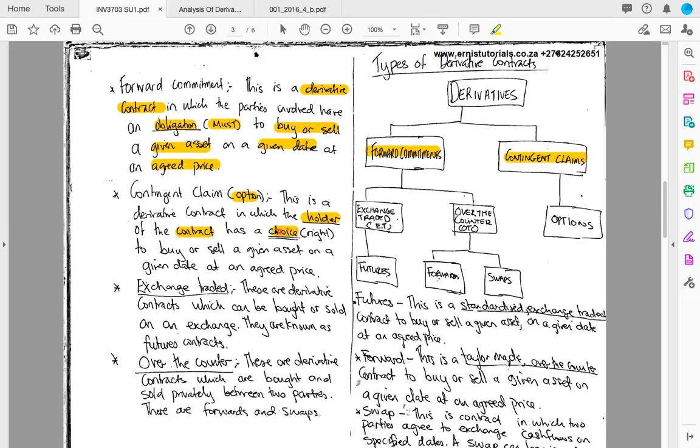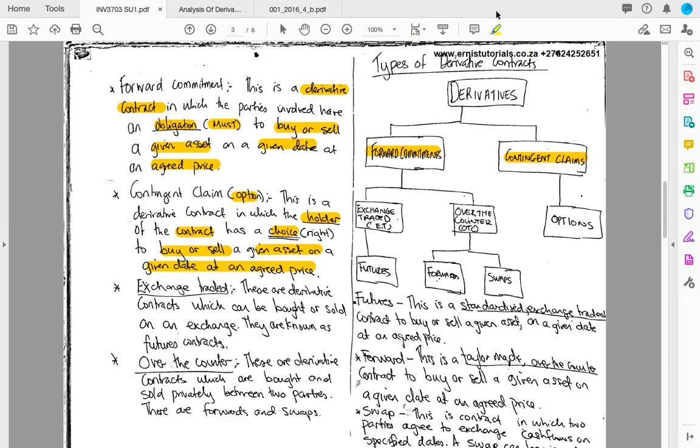So compare this with a contingent claim, we have a choice, whereas with the forward commitment, we have an obligation. So this is a derivative contract in which the holder of the contract has a choice to buy or sell a given asset on a given date at an agreed price.